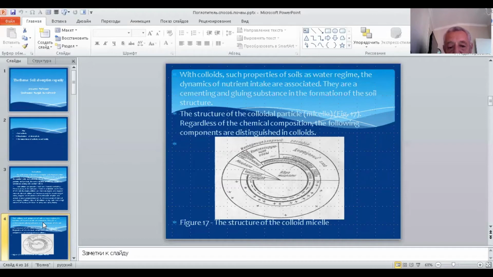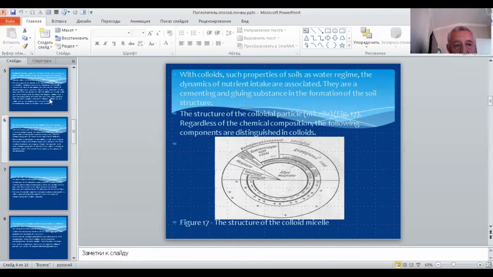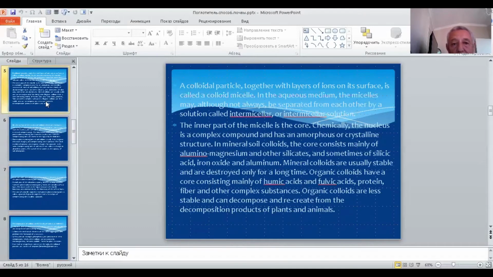On figure 17, we see the structure of the soil colloid micelle. A colloidal particle, together with layers of ions on the surface, is called a colloid micelle.